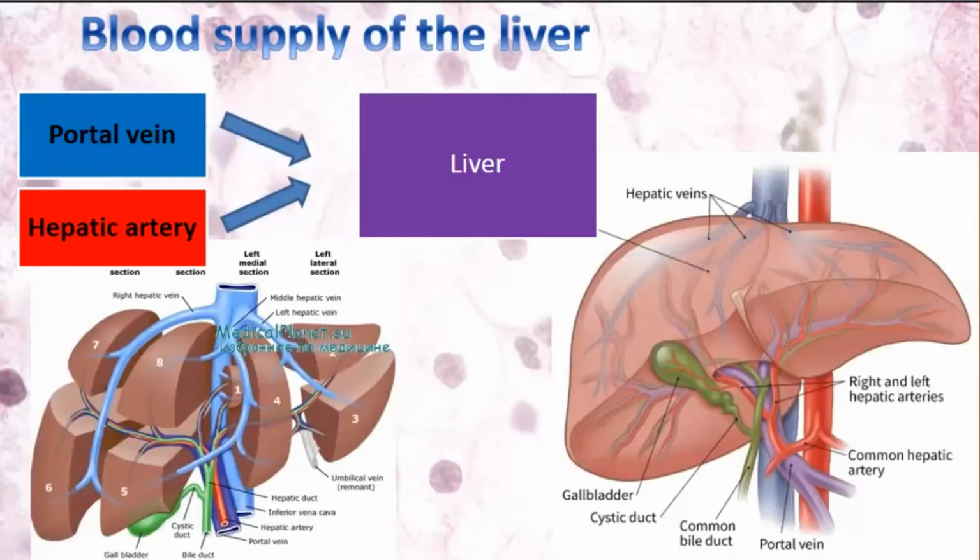It's blood supply of the liver. Liver receives blood from two sources. It receives blood from portal vein, and here we can see portal vein. It collects blood from organs of abdominal cavity, from intestines, for example, and it takes blood which contains different nutrients which are absorbed by intestines.